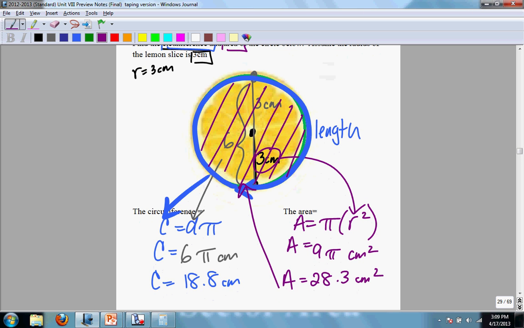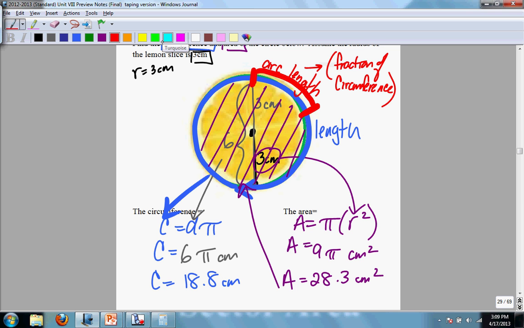In today's lesson, if you take just a slice of the circumference, that is a length issue, a piece of that length, and it's going to be called arc length. An arc length is a fraction of the circumference.